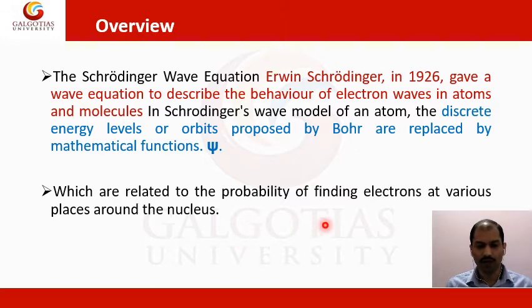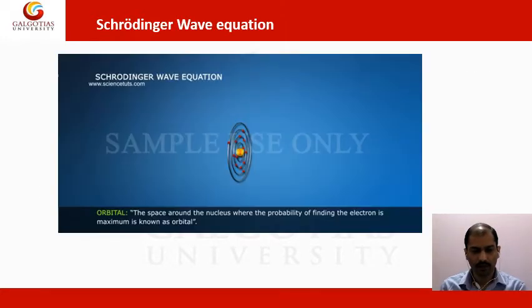How we can find out the probability of finding electrons in these orbits, we can discuss here. The Schrodinger wave equation can be understood from here.